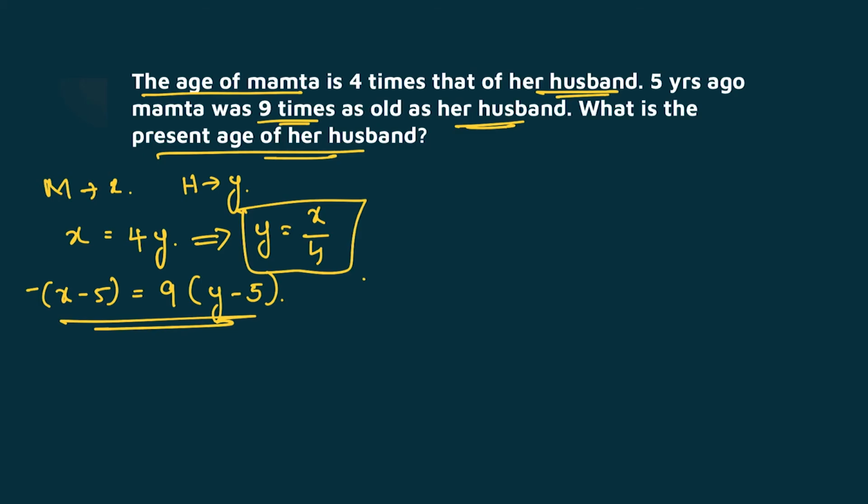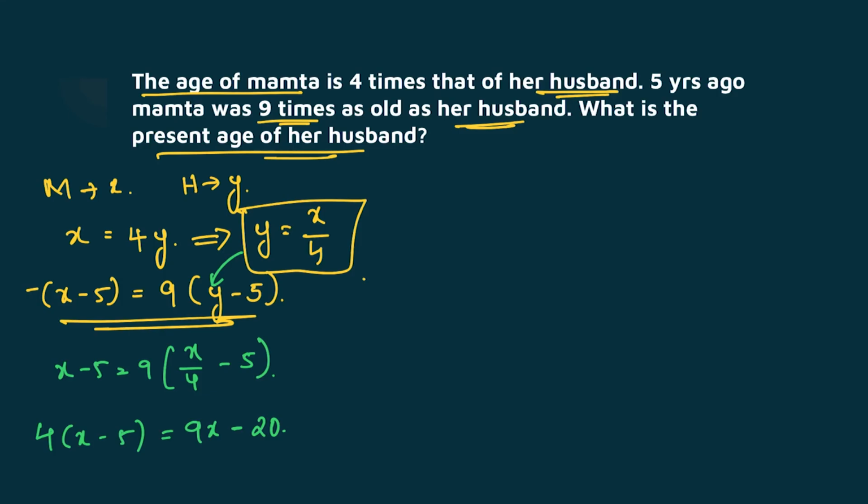Substitute the value of y in this equation, we get x minus 5 is equal to 9 into x by 4 minus 5. Let us make this a common denominator. So, we get 4 into x minus 5, which is equal to 9x minus 20.